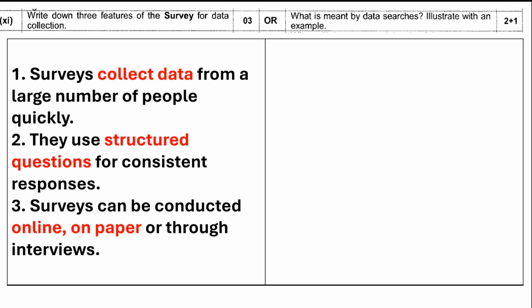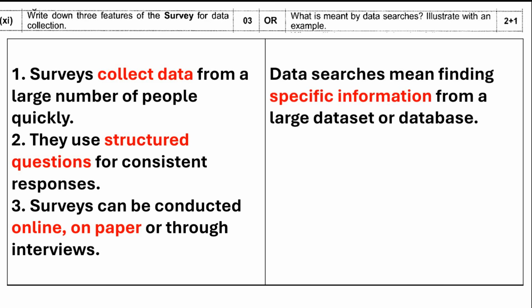Second optional question is, write what is meant by data searches. Illustrate with an example. Data searches. Number 1 is, data searches mean finding specific information from a large data set or database. You have a big database or large data frame, data set.